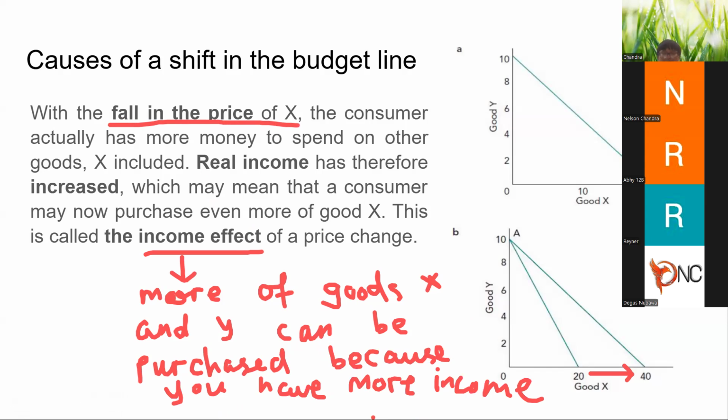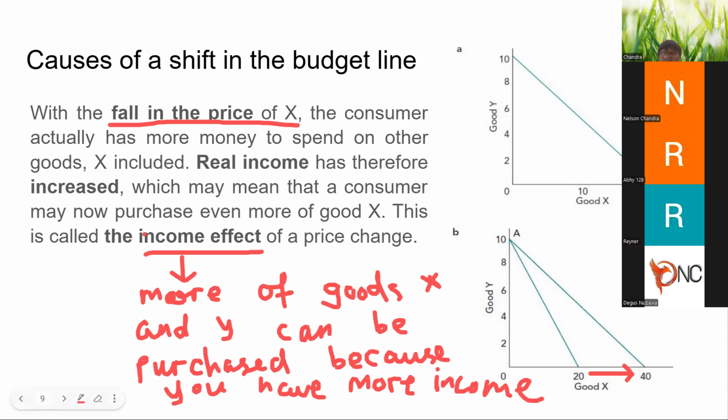The fall in the price of X will make the consumer have more money to spend on other goods, including X. You have more budget, more income to spend on both goods X and Y, and that is called income effect.